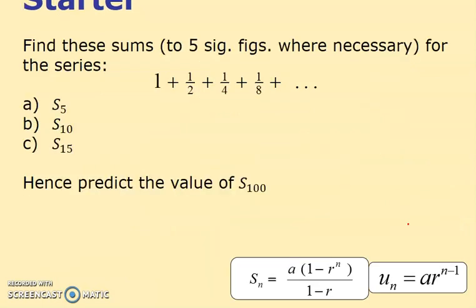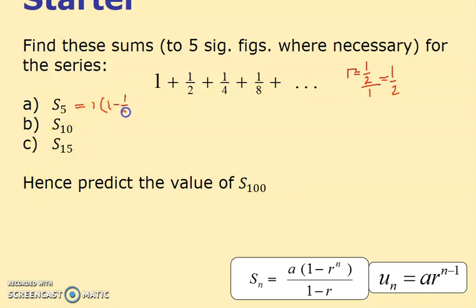So now we've seen that, let's have a look at this. It says find the sums of these answers. So if we just type these in using the formula that we had down here, the first one is 1 for the a. 1 minus, what is the r here? R is a half divided by 1, and so you can see that is a half.